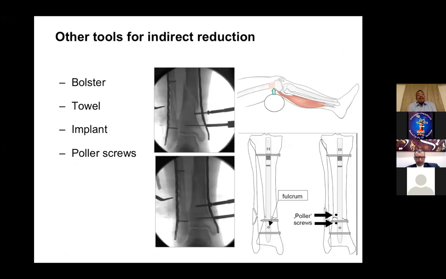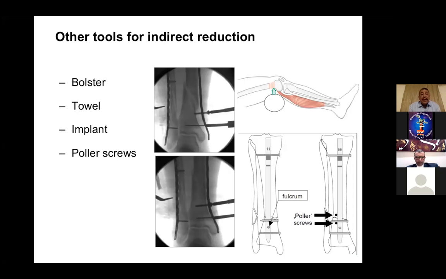We have also other tools to achieve indirect reduction rather than the traction. For example, in supracondylar fracture of the humerus, in order to neutralize the pull of the two heads of gastrocnemius, you can put a bolster or towels underneath the knee to flex the knee. This will neutralize the forces and help indirect reduction.